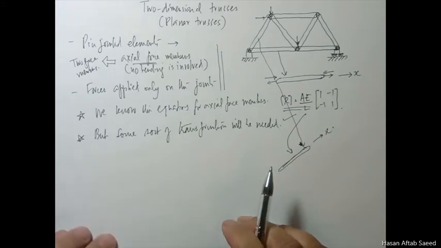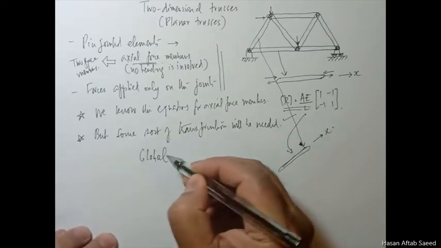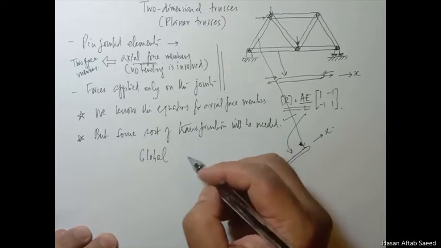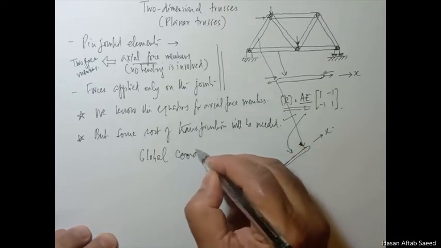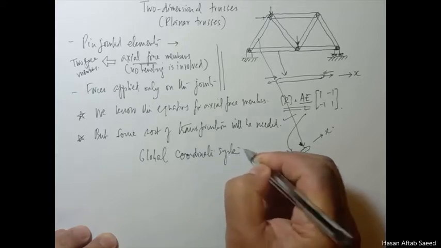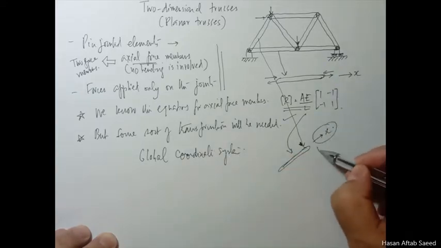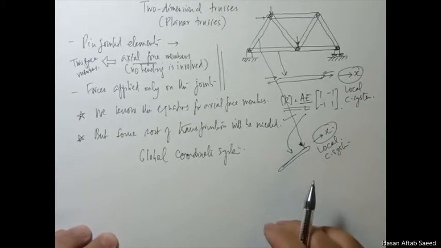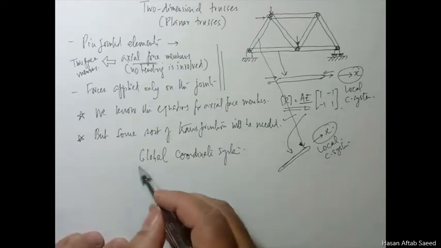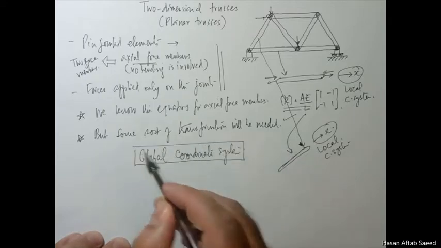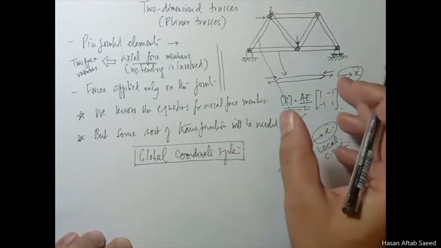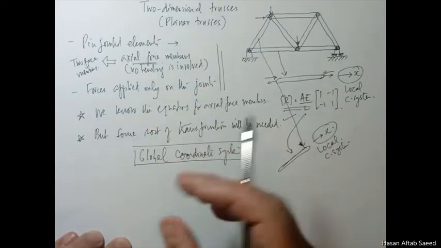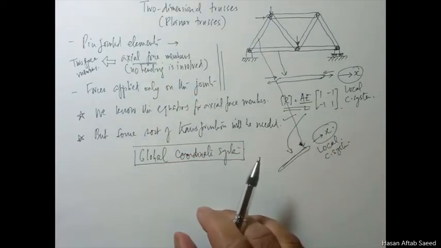So first of all, we will basically establish a global coordinate system. These are local ones. This is another local. So you'll have as many local coordinate systems as you have members in your system, but we will need a universal system so that each quantity is derived in that, and then it will be possible for you to assemble them together because the currency will be the same.